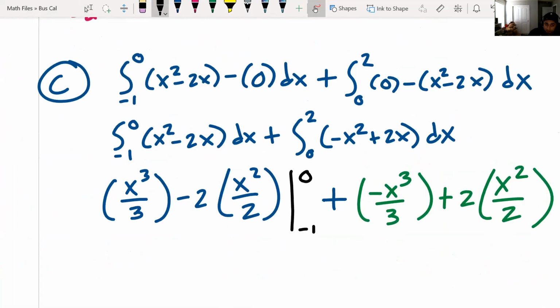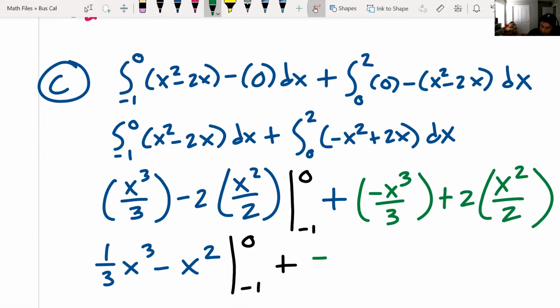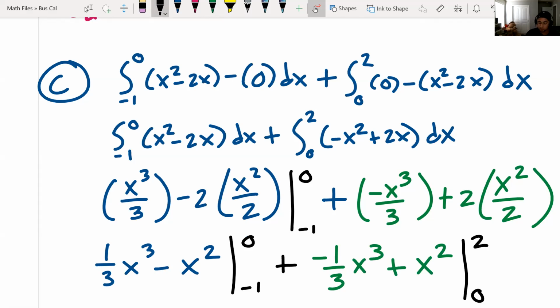Rewriting this, I get 1/3 x cubed minus x squared from -1 to 0 plus -1/3 x cubed plus x squared from 0 to 2.